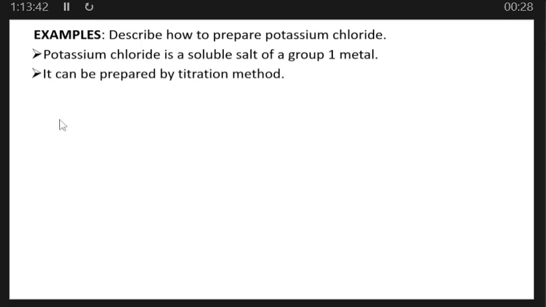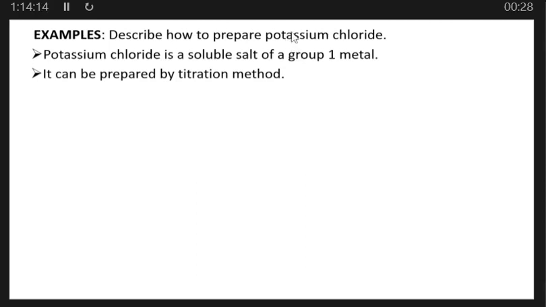Then the third part now is to mention the reactants that must be combined to form potassium chloride. Remember we said these two reactants must be suitable ones, ensuring that one of the reactants provides the potassium, then the other reactant provides the chloride, and of these two reactants, one must be the base, the other one must be the acid.